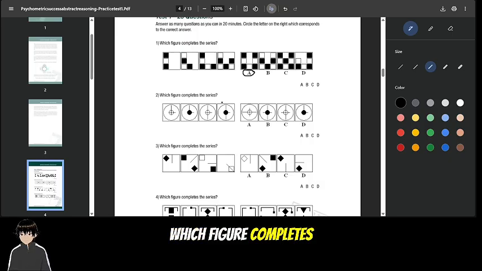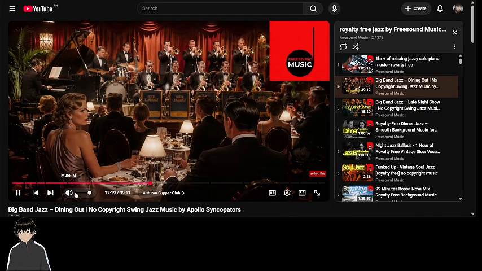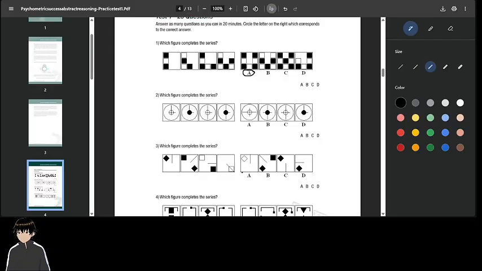Which figure completes the series? So if you guys can see here, first of all, there's like a cross here, and then it turns black.